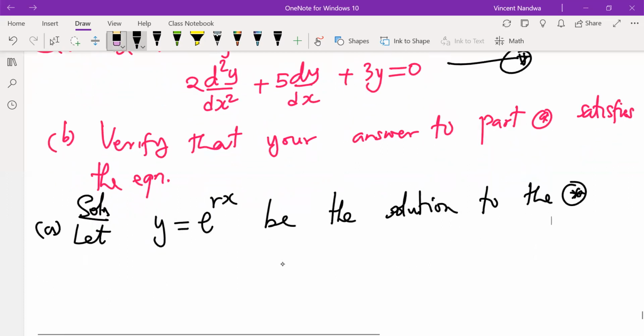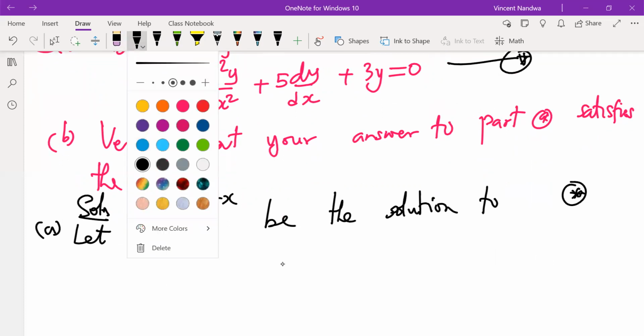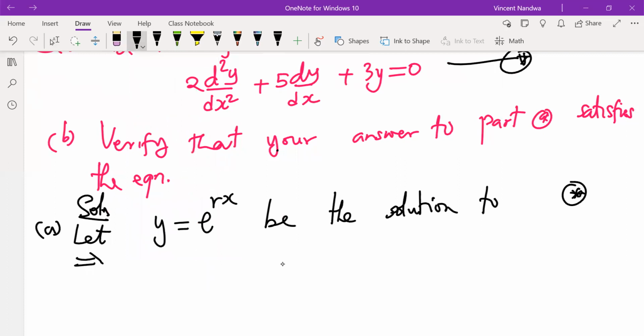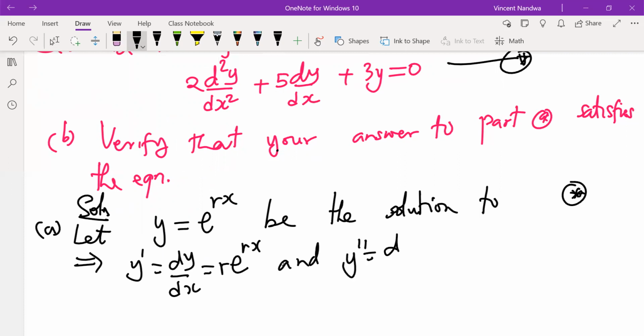So this means that y prime, which is dy dx, is r e raised power rx, and second derivative is r squared e raised power rx.